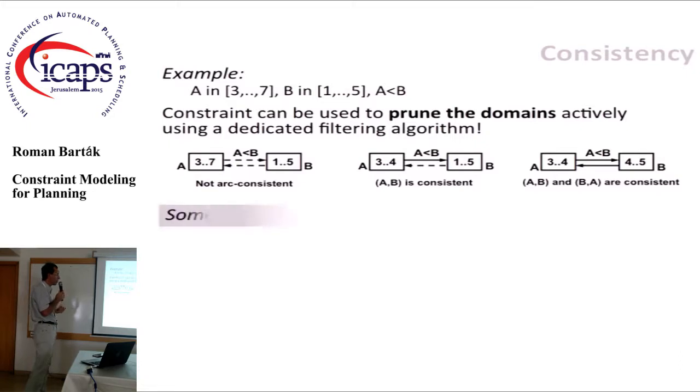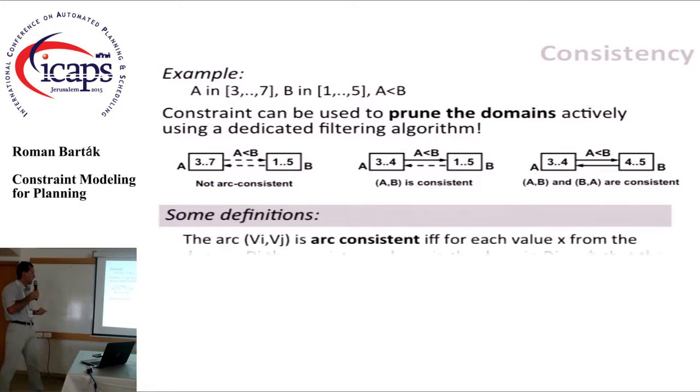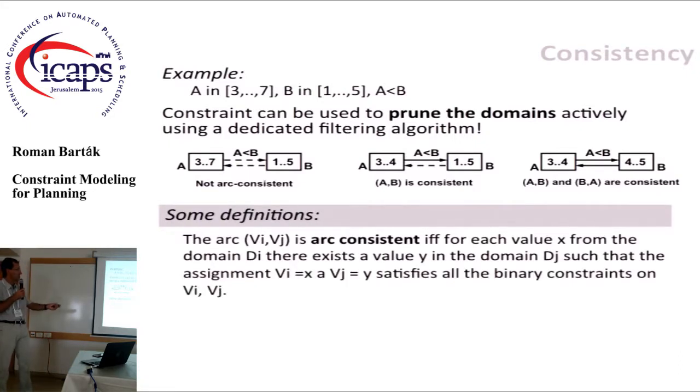So this is basically called arc consistency, and it's called arc consistency because we have an arc between the variables that we are using to connect the variables. And this is a definition of arc consistency for binary constraints.